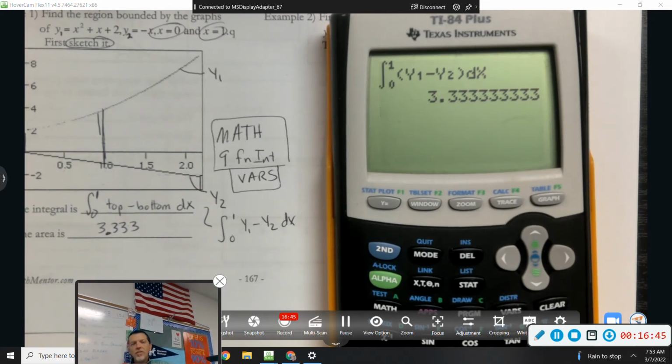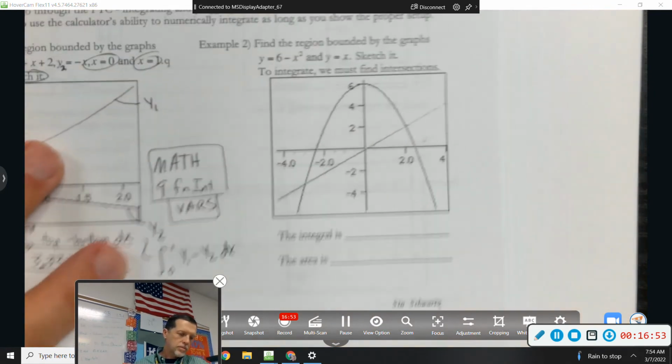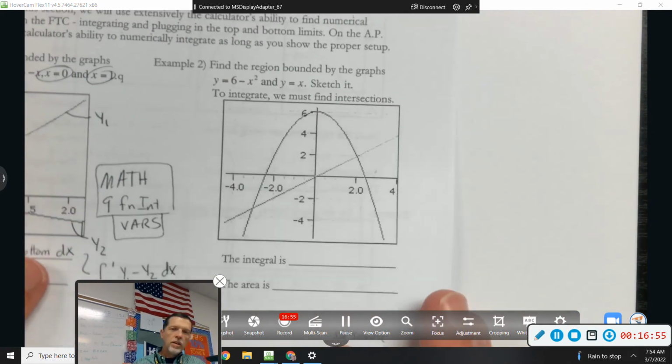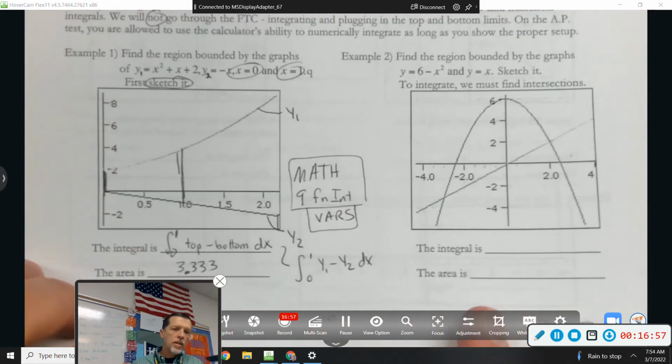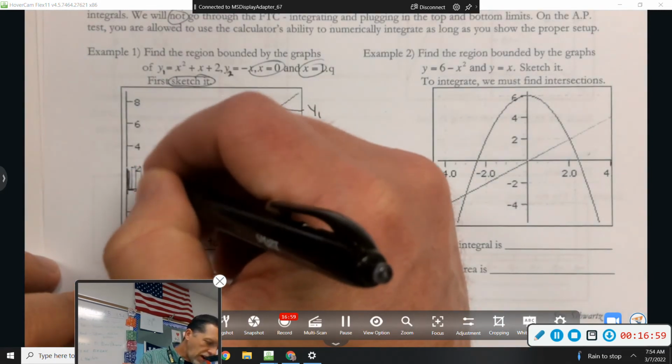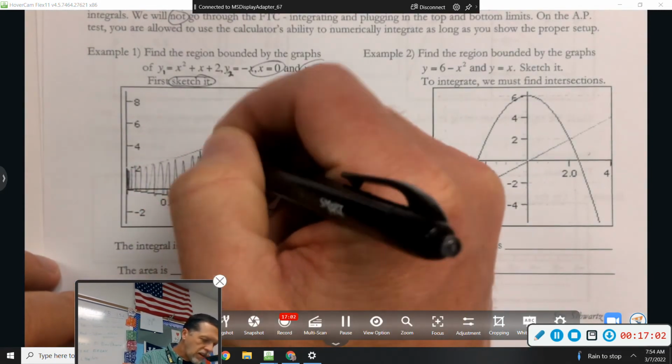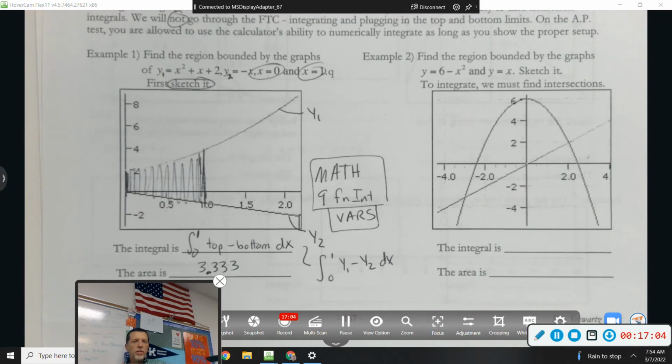This unit is all about understanding the concept of setting it up and knowing all the buttons on the calculator. So the area we just found, yeah, we should shade that in, is 3.33323.